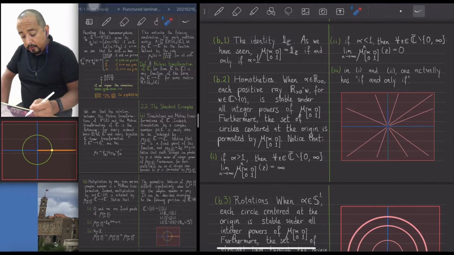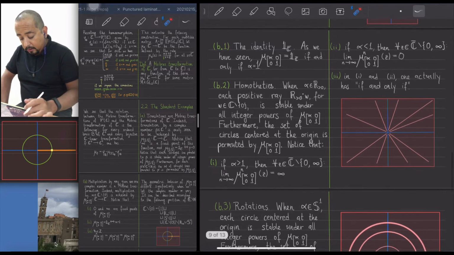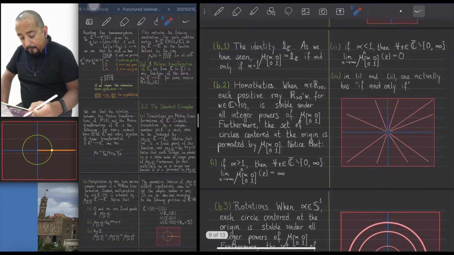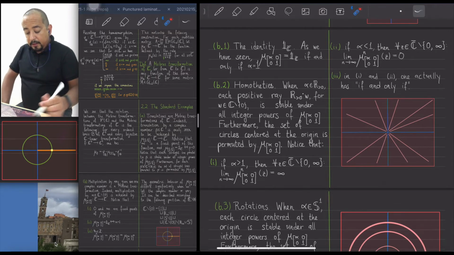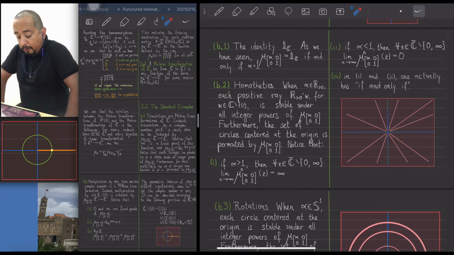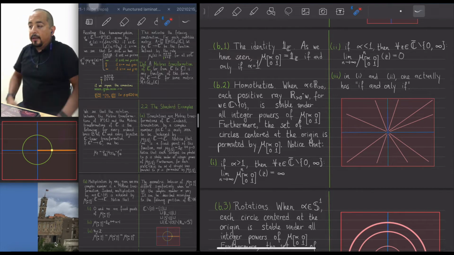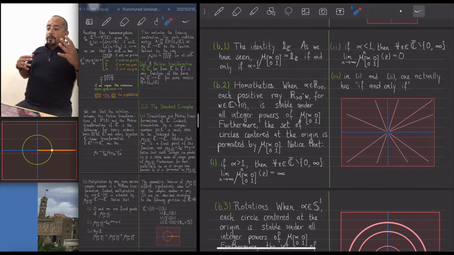Then of course there is the question: now that you have found a family of curves stable under the action of the subgroup generated by the Möbius transformation, can you give a family of curves that give you a partition of C bar minus the fixed points, and where the Möbius transformation acts by permuting the curves?